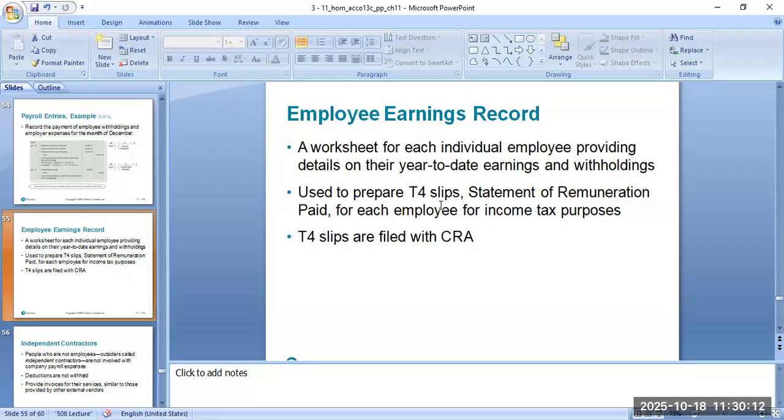That's the due date for the T4, February 28th. Again, employer gives the T4 to the employee and sends a copy of that T4 to Canada Revenue. So if you think that Canada Revenue doesn't know your income from the employer, you're wrong. Because one of the obligations of the employer is to send that information to Canada Revenue as well.